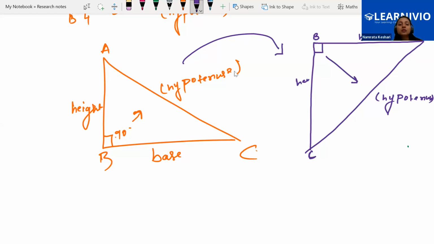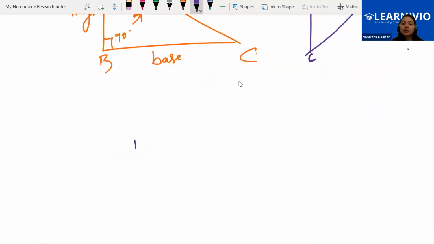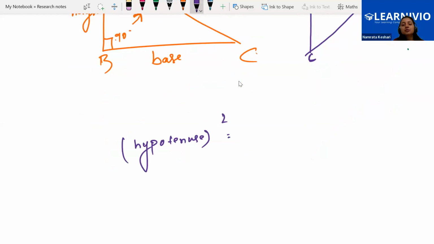So basically the Pythagoras theorem says that hypotenuse square is equal to height square plus base square. If you are not able to understand which one is height and which one is base, you just have to take the square of both and add them.